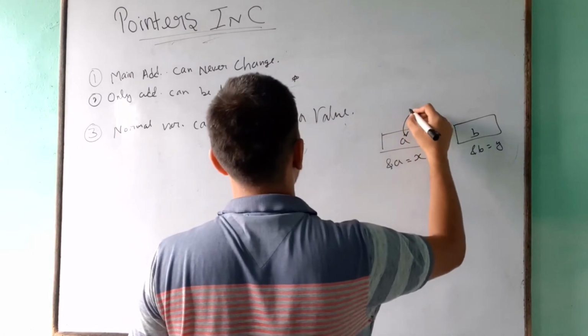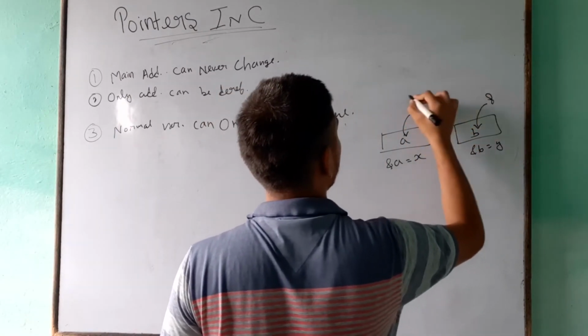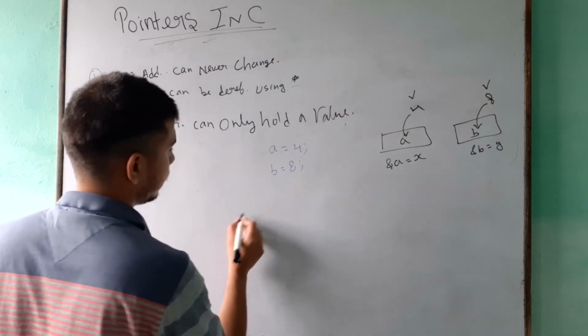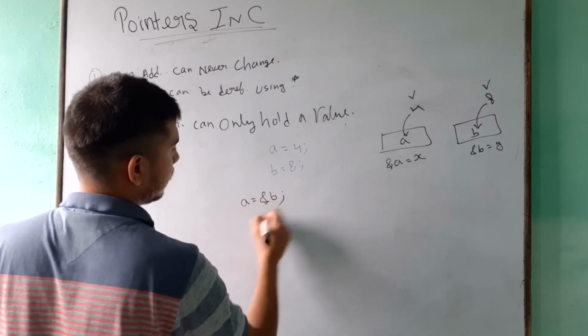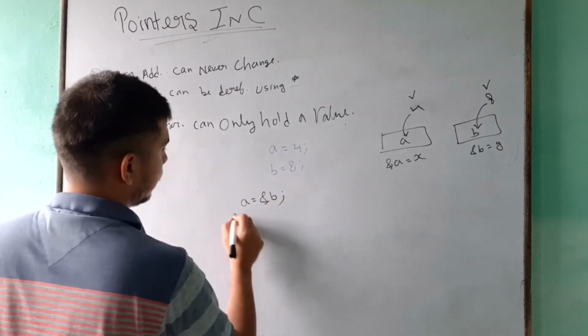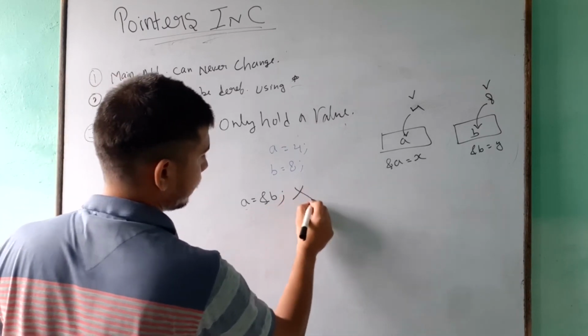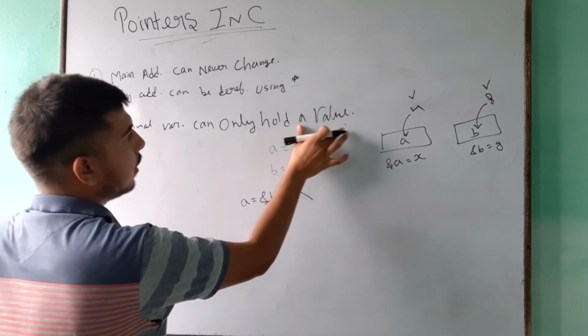This is holding the value 4, this is holding the value 8. Remember, it is a value. Now if I write a equals address of b, what will be the output? It will give me an error, because a normal variable can only hold a value.